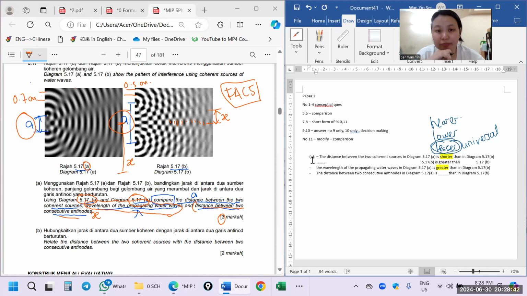Okay. When you answer, remember to use both sides of your test pad, alright? Behind also use, don't waste your paper.